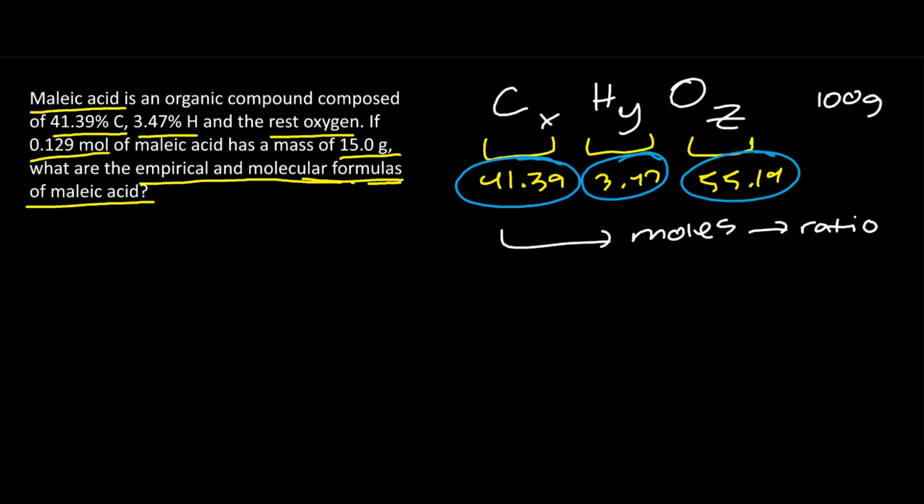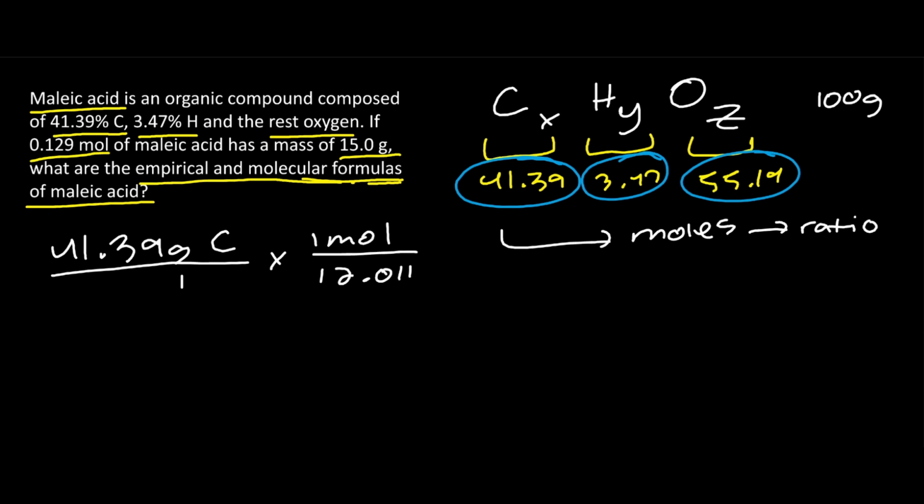Let's first start with doing a little conversion here. We're going to convert 41.39 grams of carbon to moles. We'll use dimensional analysis here to get to moles. We know that the molar mass of carbon is 12.011, so 12.011 grams.